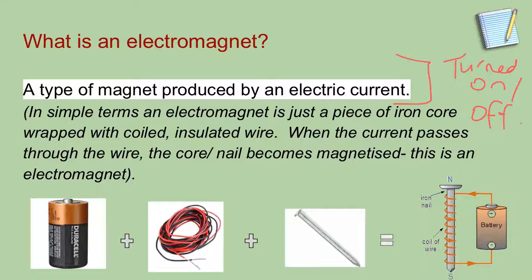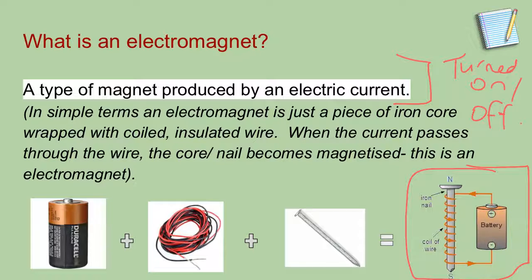As an additional description, we have some extra information that you're welcome to add into your notes, but is not necessary. I would actually recommend that you maybe draw an electromagnet into your notes section, so that you have a picture of it to think of in your mind. But basically, an electromagnet is a piece of iron or another conductive metal, such as steel, that's wrapped with a coiled insulated wire.